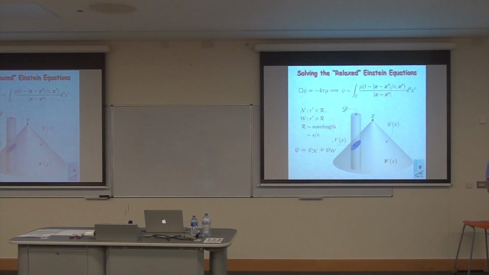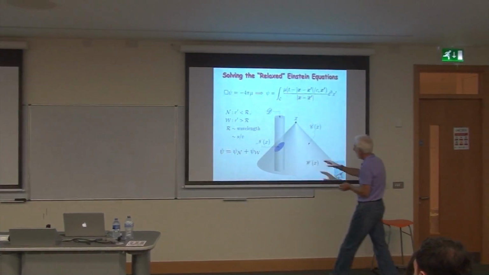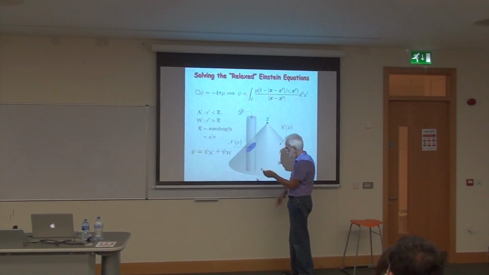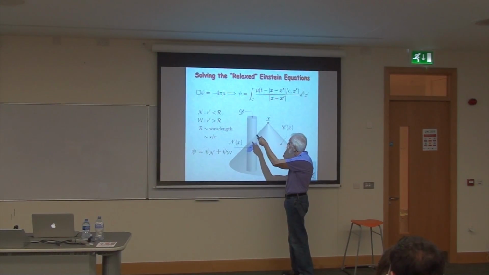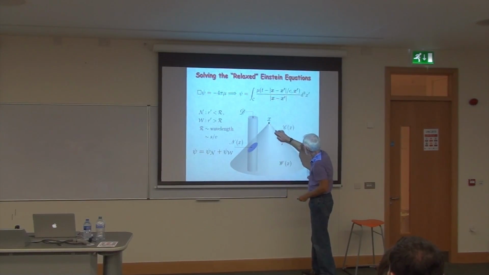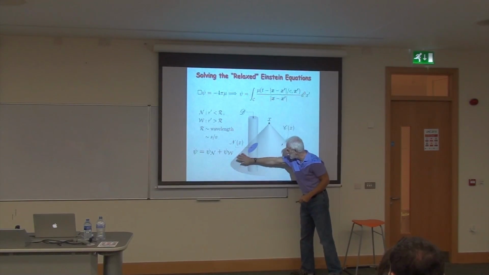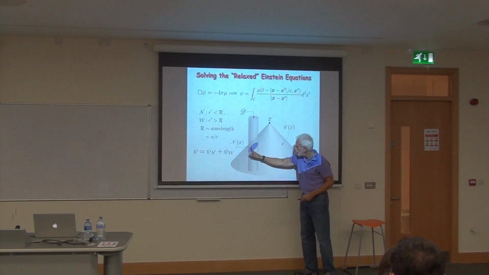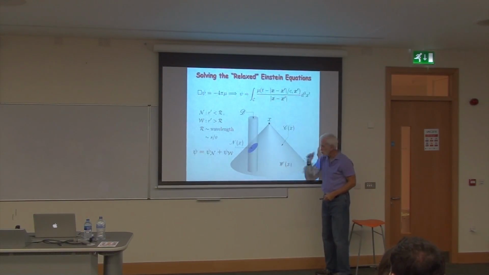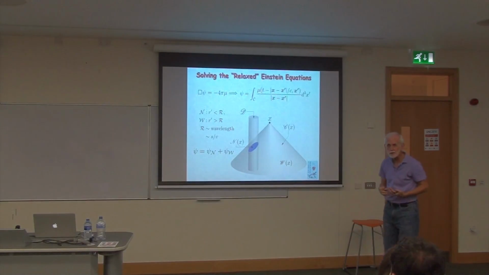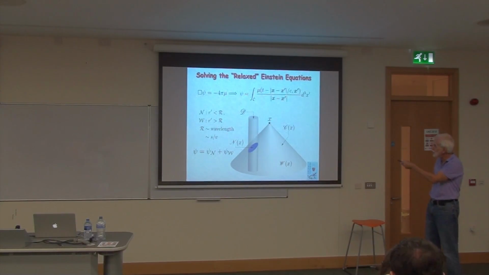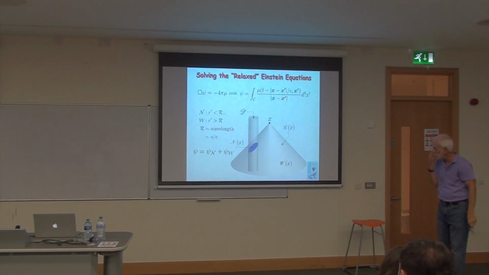The electromagnetic field itself does not generate electromagnetic field. But in gravity, the gravitational field has its own stress energy tensor. So this source mu exists everywhere in space-time. So this integral definitely has to be done over the full null cone, not just over the near zone, but also here. And we'll see as we go along, this will require rather different ways of evaluating this integral for this source mu.